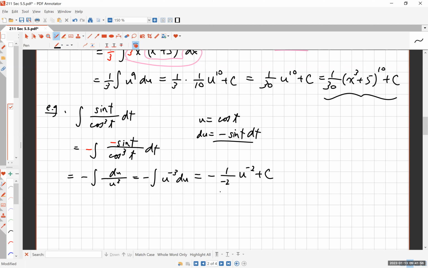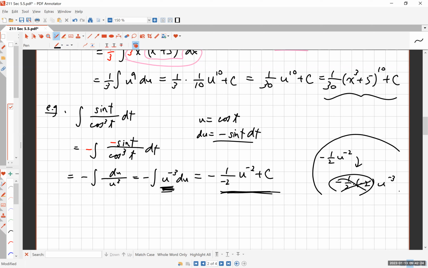Again, as soon as I do this, I check myself and ask, if I differentiate this, do I get u to the negative third? And I think I do, because if you differentiate this, I get negative 2 times u to the negative 3, which is exactly what I have here, because these things will cancel.